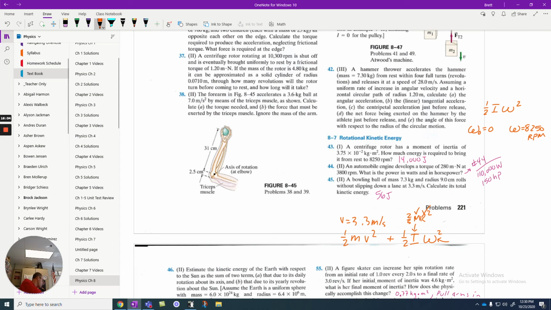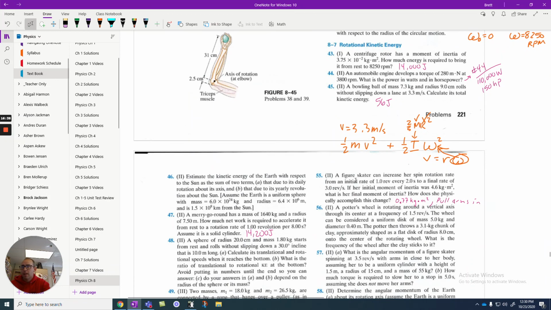I want to make sure I get it put in the right order. V equals R omega. That's the relationship between velocity in a straight line and the rotational speed of the ball as it rotates around. This formula should allow us to find omega and plug that in there. And once we know that, we're good to go. So I'm going to leave that to you.